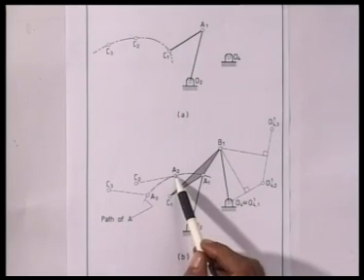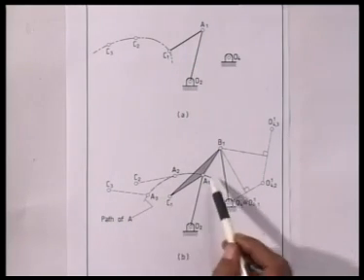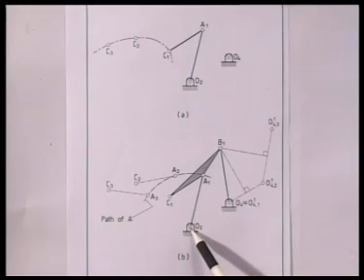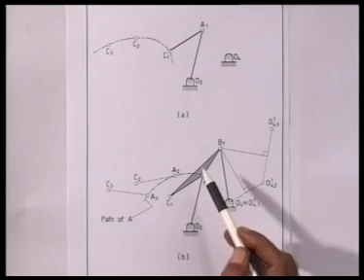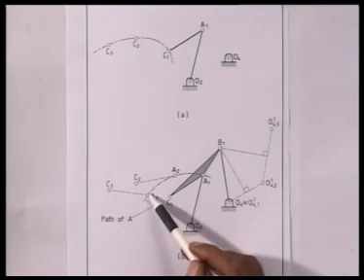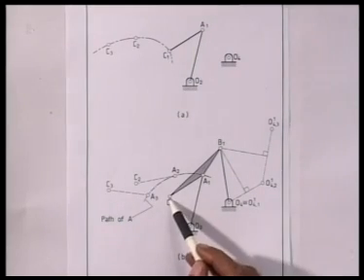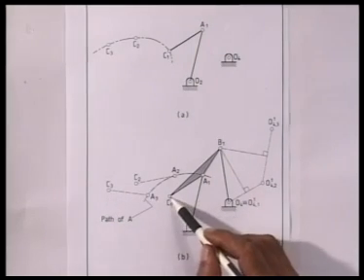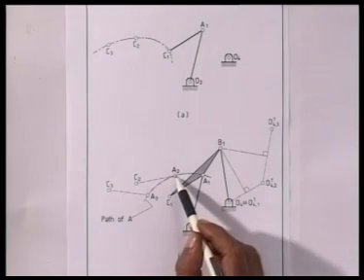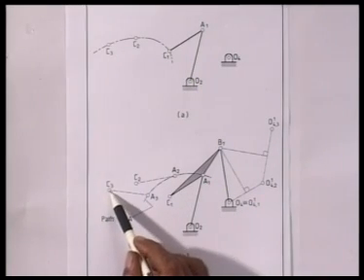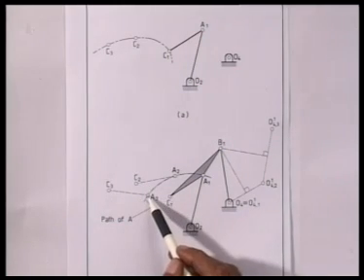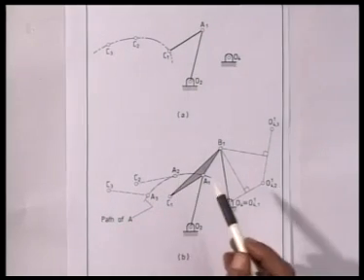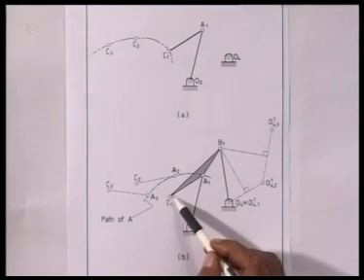So I can locate A2 and A3 on the path of A, which is the circle with radius O2A1 and center at O2. So I draw this circle, and I can find out where A2 and A3 are because C1, C2, C3 are given to us. So C1A1 is same as C2A2 and also equal to C3A3. So from these given locations C2 and C3, I can determine A2 and A3 because AC is of given fixed length.